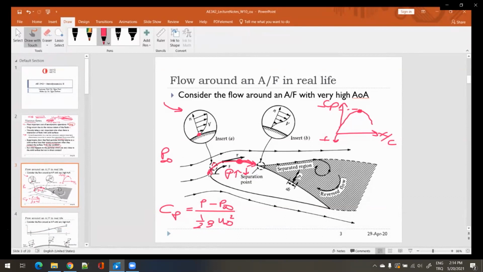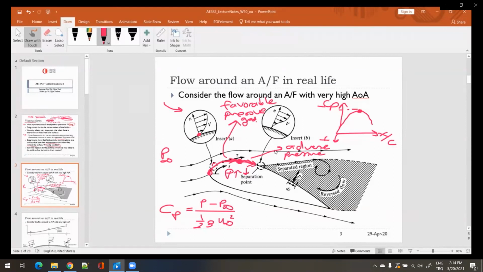If, as you move along the surface, the pressure is dropping, so the fluid particles are moving in a region where the pressure is reducing, this is called a favorable pressure gradient. If they are moving towards an increasing pressure, this is known as an adverse pressure gradient.